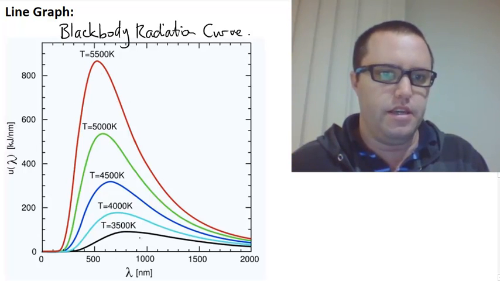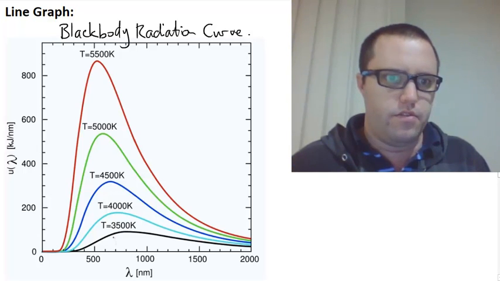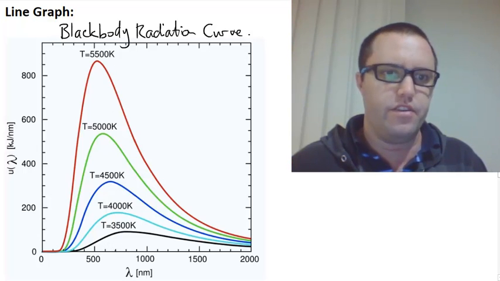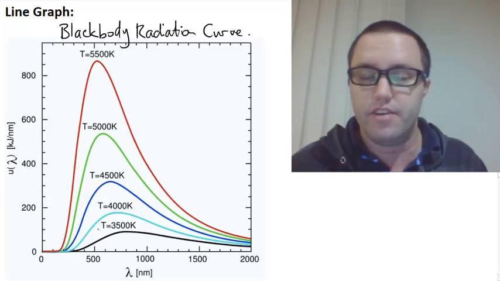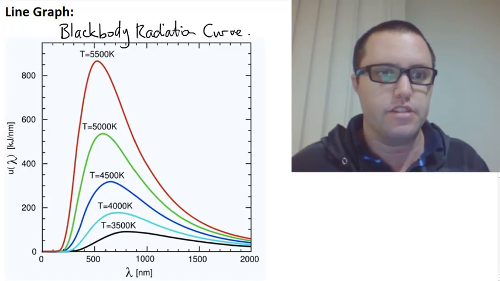So as we see, we can look at an object that is 5,500 Kelvin, which is about 5,300 degrees Celsius.